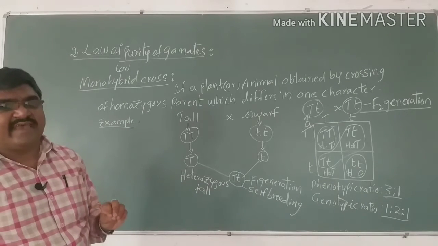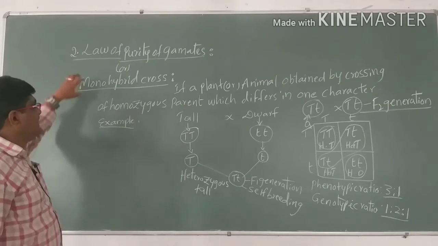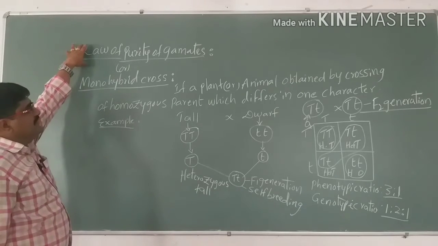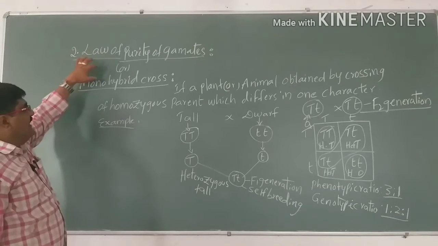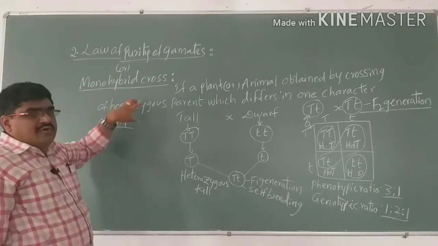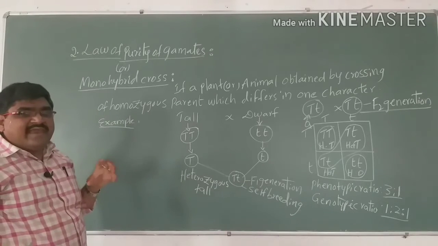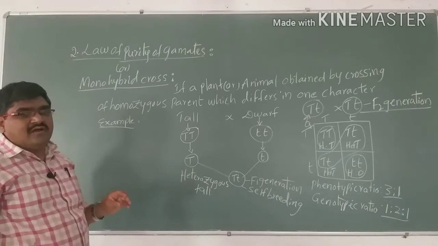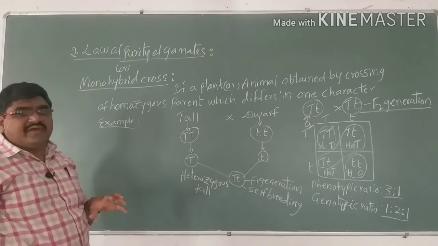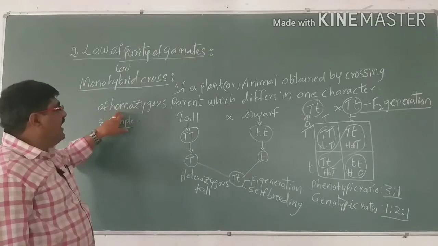This is the second law explained by Mendel, the law of purity of gametes, or otherwise the monohybrid cross. When two homozygous parents are crossed, we get only one character, either tall or dwarf. So this we can call the monohybrid cross.